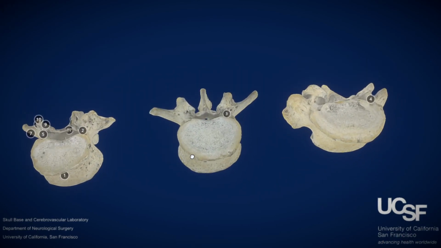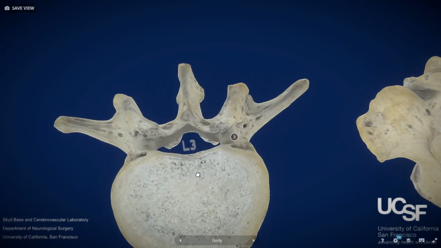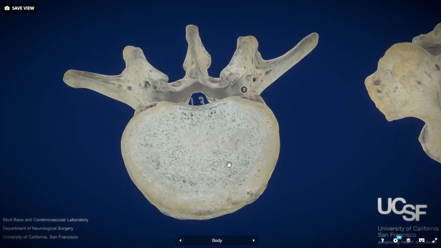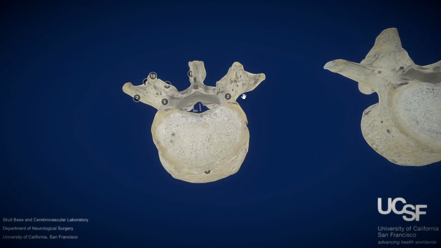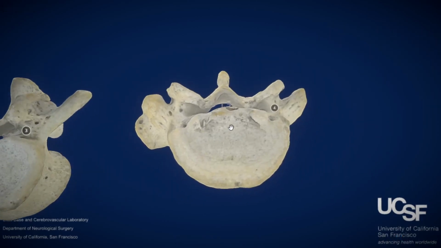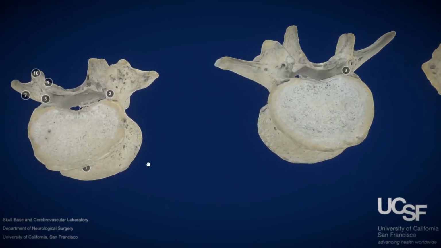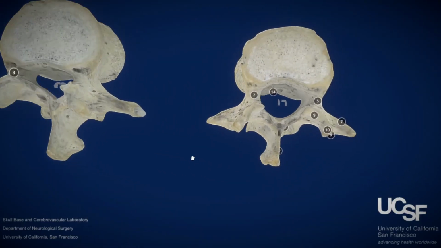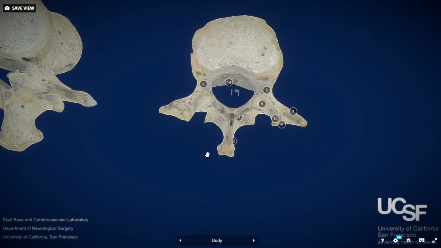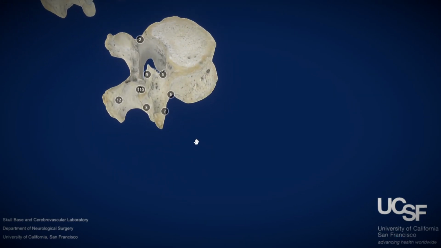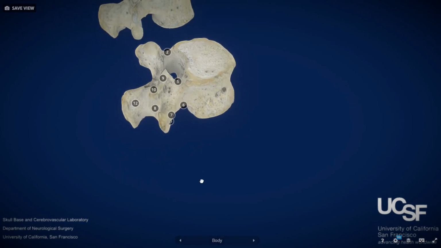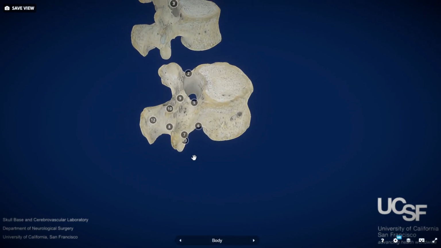90% of the compressive load received by the vertebral bodies is carried by the inner cancellous bone, just in the center of the body. Moving posteriorly, labeled as number 2, number 3, and number 4, we can identify the strong and short pedicles that are part of the lumbar vertebral structures.